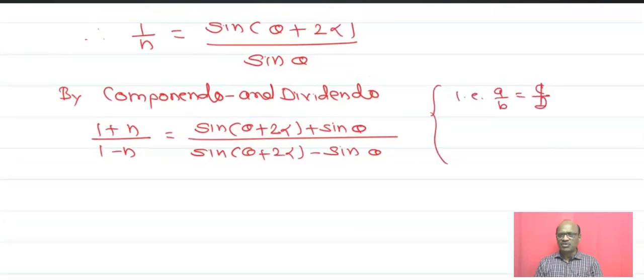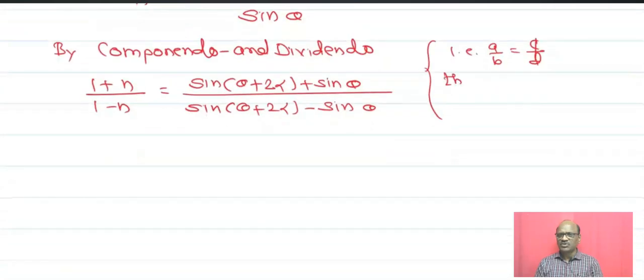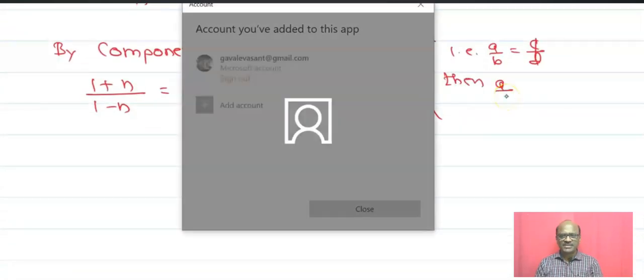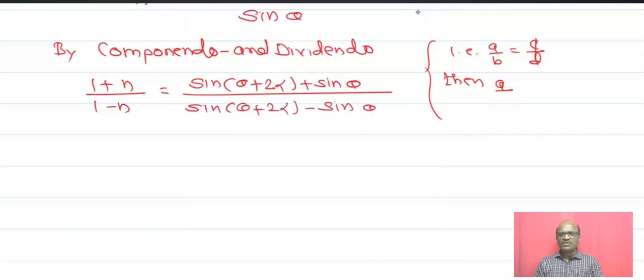See this, if a upon b is equal to c upon d, then by componendo and dividendo, a plus b upon a minus b is equal to c plus d upon c minus d, which you have learned in the 9th standard. And in this way, we have 1 plus n upon 1 minus n.